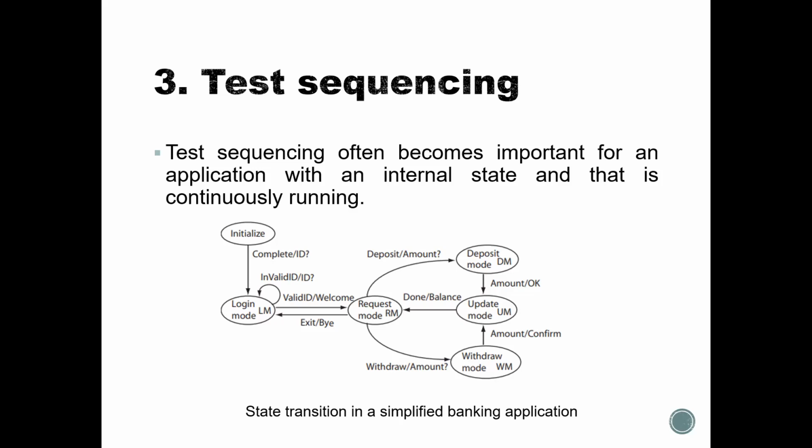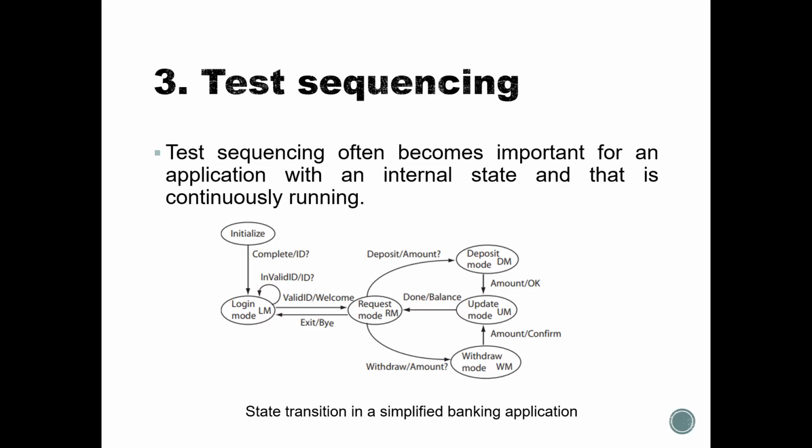It can have multiple other things, for example, password and multi-factor authentication and all other things, but this example is just to tell you how the sequencing works. Once you are in the request mode, you can perform two different operations. First is deposit.